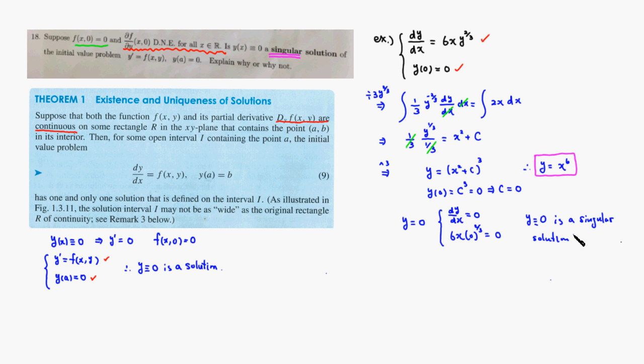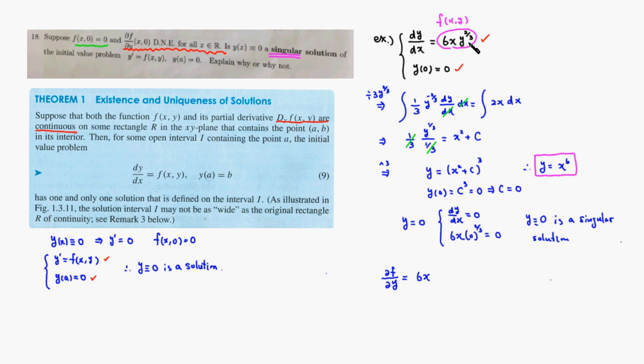And in this example, if you take the partial derivative with respect to y, let's try that. This is our f of x comma y, and let's take the partial derivative of f with respect to y. 6x is just going to be a constant, so put that there.